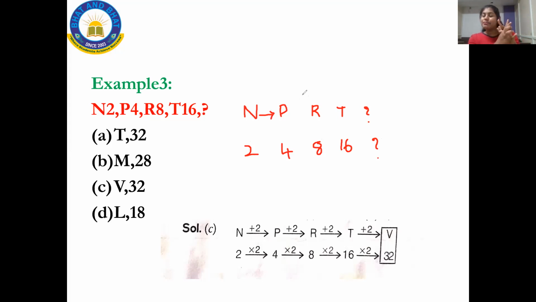N to P is plus 2, because I am moving from left to right. And then P to R, it is also plus 2. And then R to T, it is also plus 2.